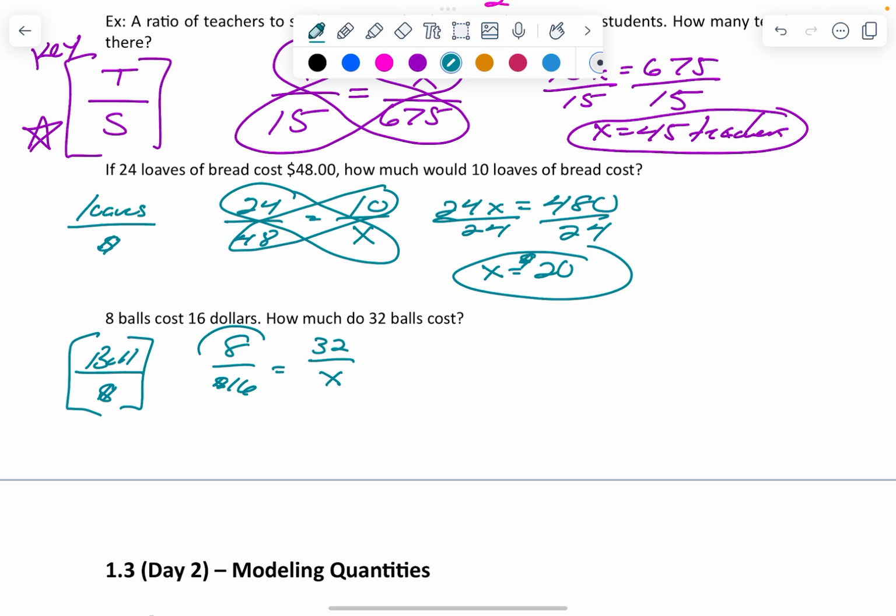Doing the cross product, we're going to get 8x equals, oh, I need my calculator again. 32 times 16, 512. $512 divided by 8.